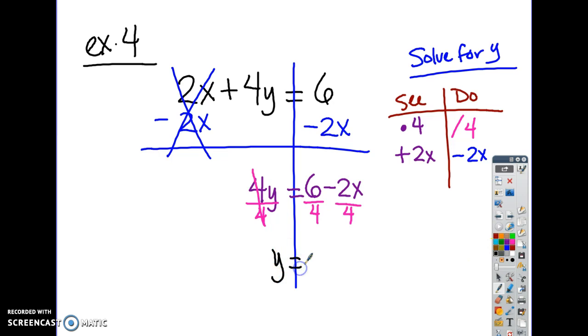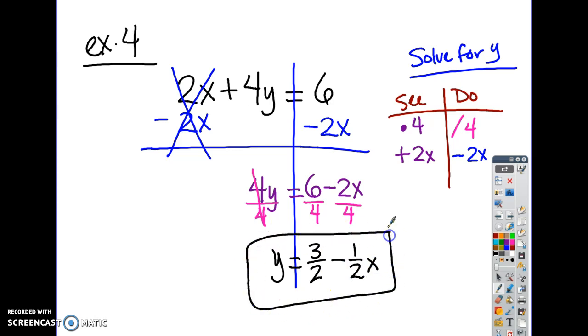Y equals 6 divided by 4, which gives you a decimal. Math inner gives you 3 over 2. Negative 2x divided by 4 gives you negative 0.5x. Math inner gives you negative 1/2 x. Don't forget the x. If you forget the x, the whole thing is wrong.